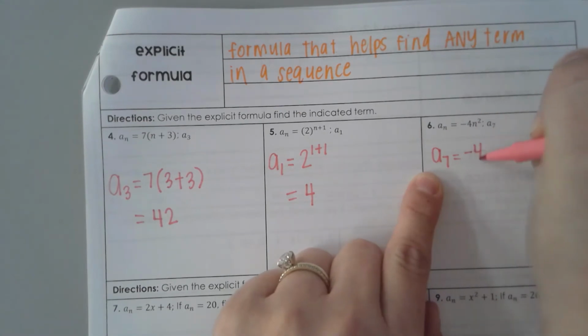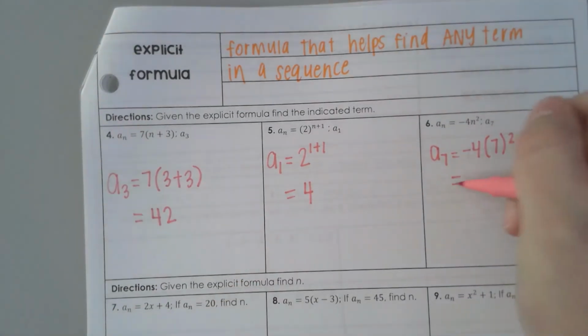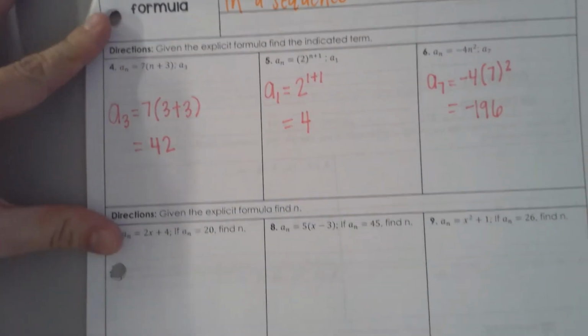So negative 4 times 7 squared. And what is that? Negative 196. Yep, negative 196. Good.